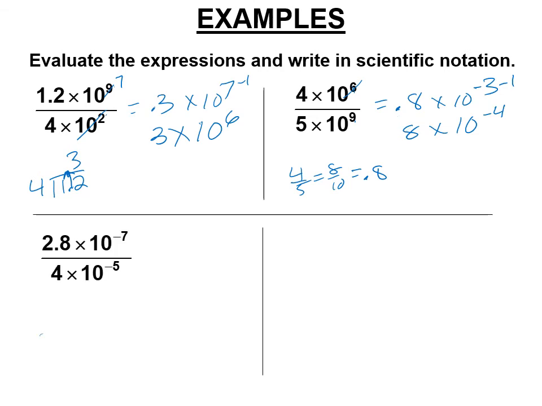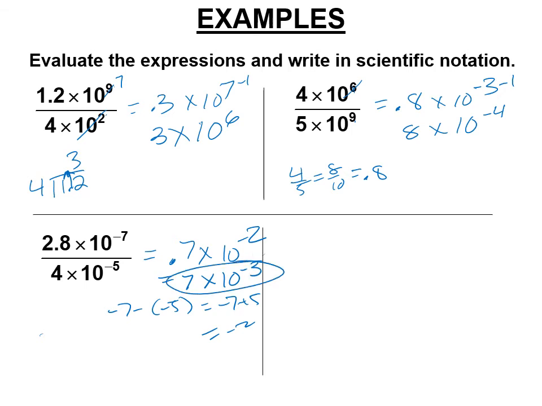All right, 28 divided by 4 is 7. So 2.8 divided by 4 is 0.7. And then, oh, this is negative 7 minus negative 5. Be careful of that. Negative 7 plus 5, negative 2. So 10 to the negative 2. So we have to make it 7 times 10 to the negative third power.